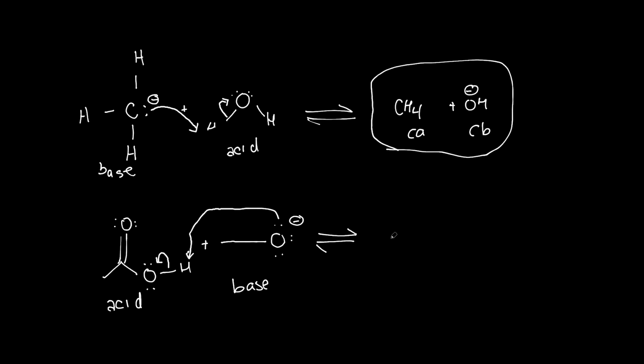So this would form something like this, and your H bound to the oxygen bound to a CH3 group. So this would have a negative charge, therefore this would be the conjugate base, and that the conjugate acid.